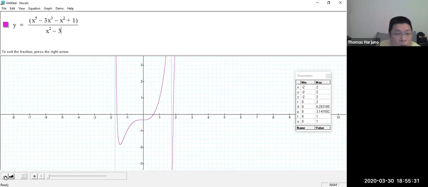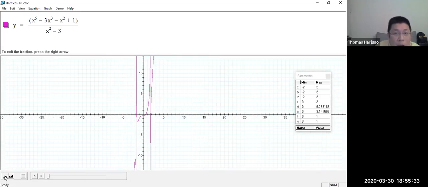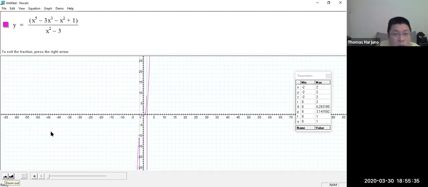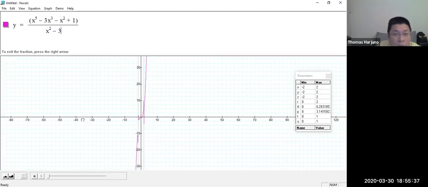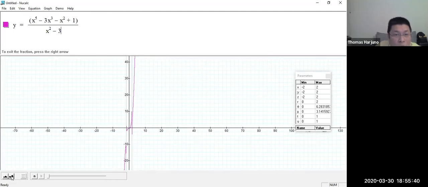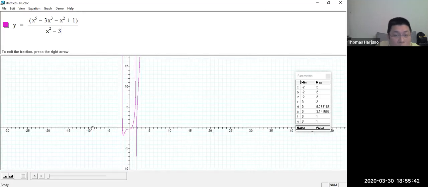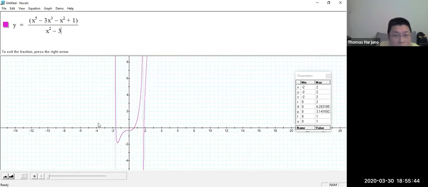This is what the graph looks like. Wow, it's so ugly, huh? Oops, my bad. I tried to help you visualize it, but it seems like it's an ugly graph.